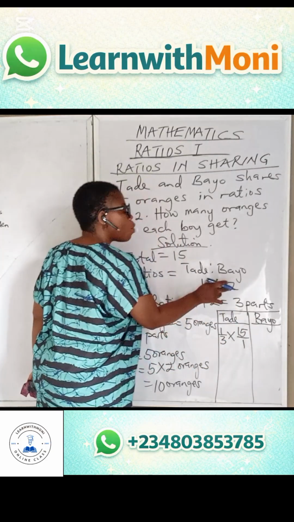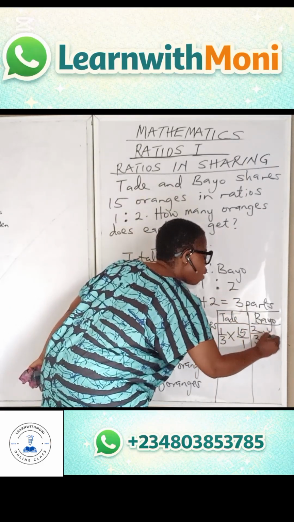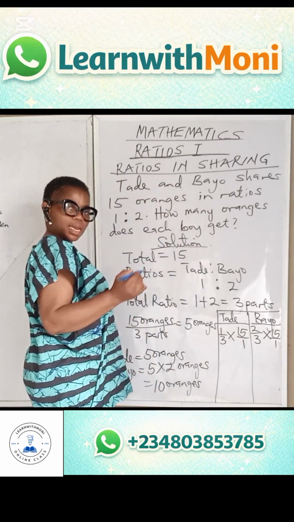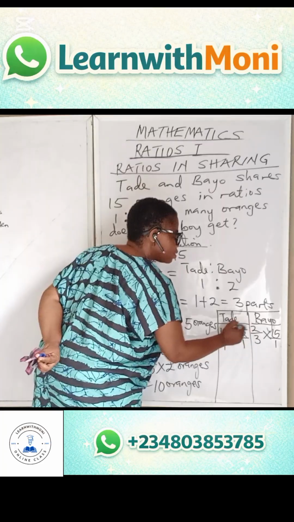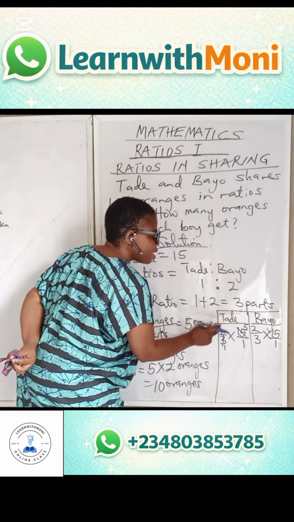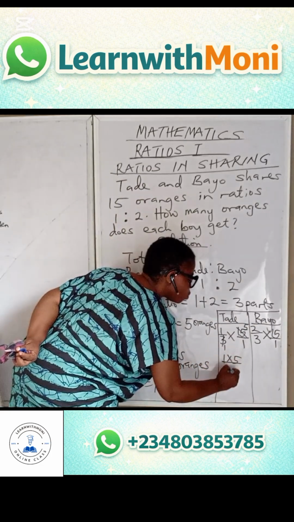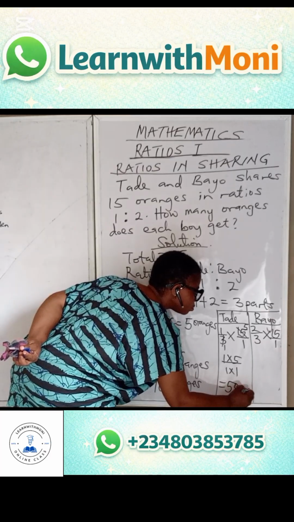Bayo takes 2 parts out of 3 parts. 2 out of 3 of 15 oranges. Let's simplify that. 3 divides 3 once. 3 divides 15 5 times. That means Tade takes 1 times 5 over 1 times 1 oranges, which is equal to 5 oranges.